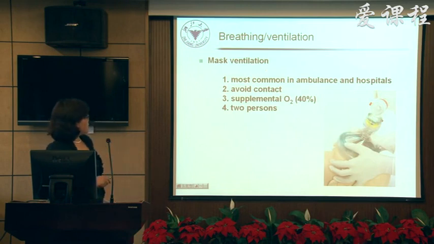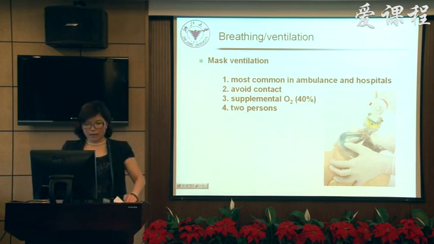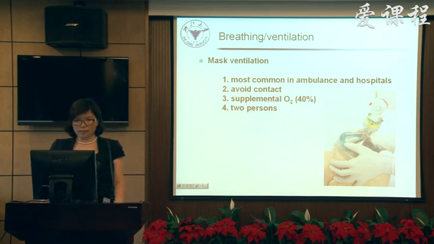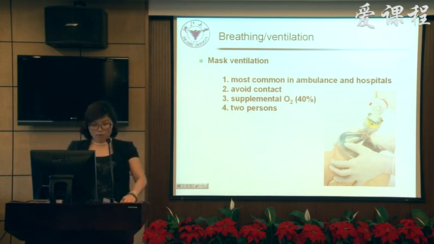Mask ventilation is most common in ambulances and hospitals, and it can avoid contact between people and avoid transmission of infectious viruses. It can supply supplemental oxygen of 40%, and it usually needs 2 persons.